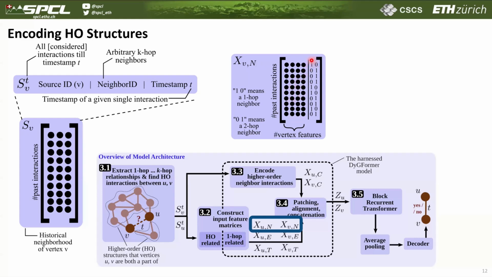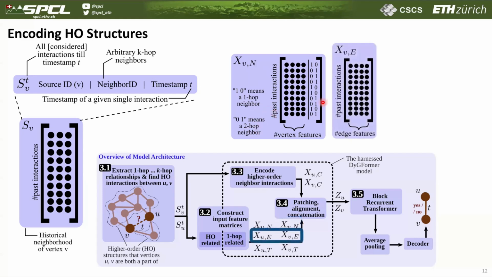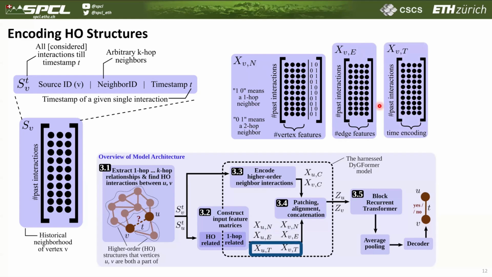We also use one-hot encodings to indicate if these interactions are single hop, two hop, or some other k-hop interactions. We do something similar for edges: we also have edge features in a matrix to be able to parameterize the edges. And then we also need to throw in some time encoding, because we're going to use a transformer in the following part to make the prediction, and this is why we need time encoding to make the transformer aware of the time.